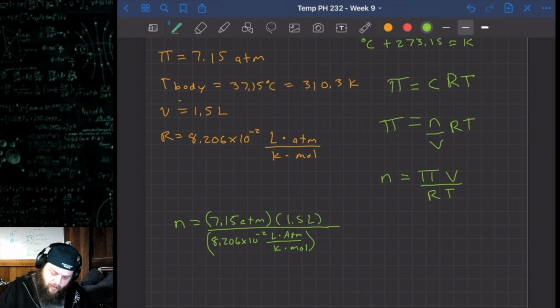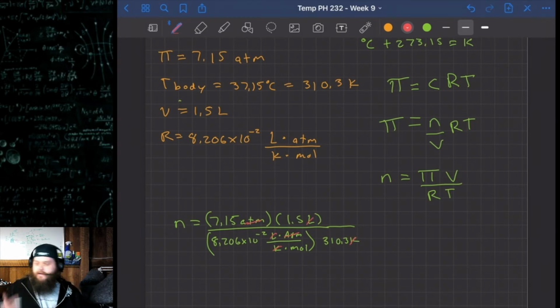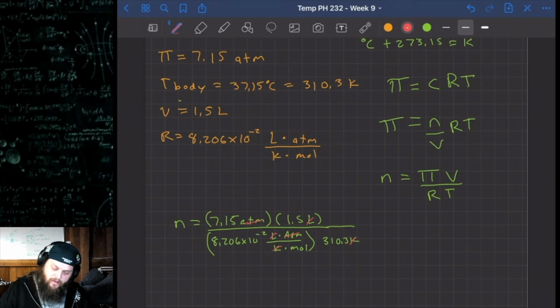And then we're going to multiply that by our temperature, which was 310.3 Kelvin. Notice unit-wise, the kelvins are going to cancel out there. The atmospheres are going to cancel out there. And the liters are going to cancel out there. The moles are in the denominator of the denominator, so they're going to flip up to the top, and our answer is going to be in moles.